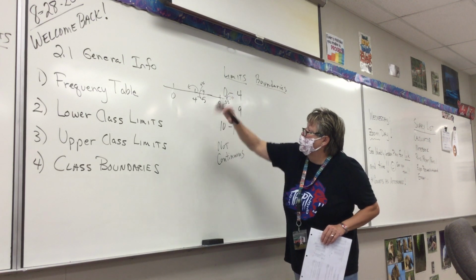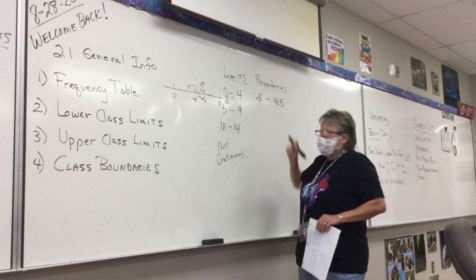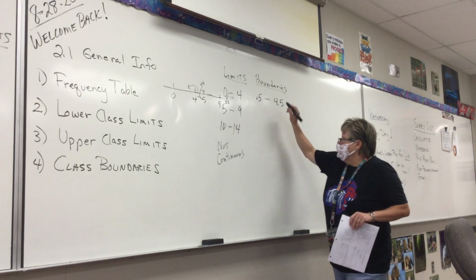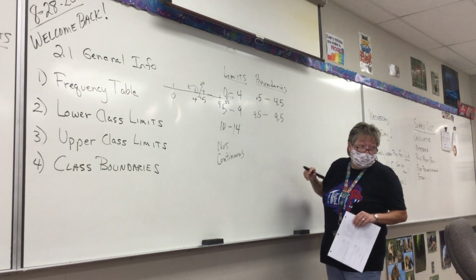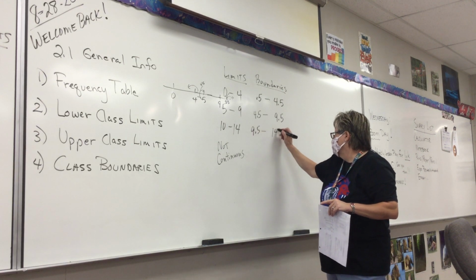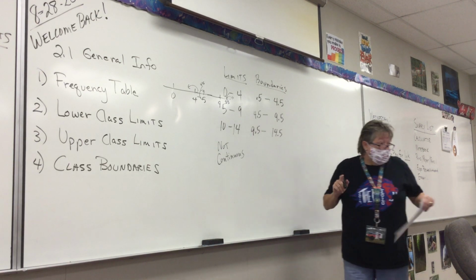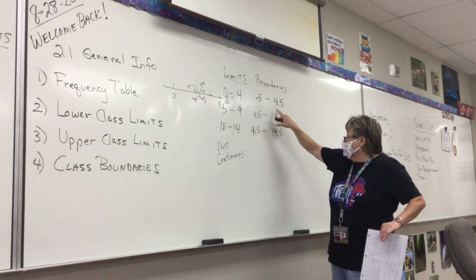If I'm at 0 and I back up by a half, I'm at 0.5. And then I'll go to 4.5. Then it goes 4.5 to 9.5, going across the number line. 9.5 to 14.5. Okay, so then you're thinking, but you're repeating this, yes, so that I'm continuous.